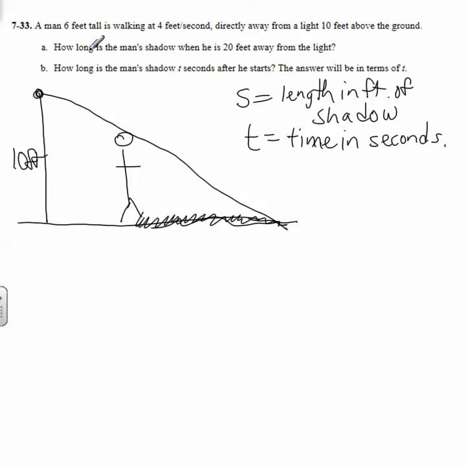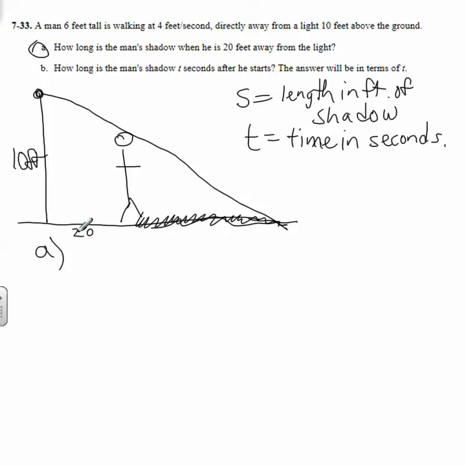Okay, so let's get started with problem A. A, how long is the man's shadow when he is 20 feet away from the light? So, third step, write and simplify equations that relate the different variables. Okay, so here's a variable right here that we actually have some information on.